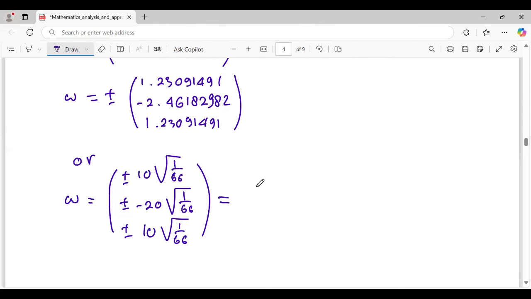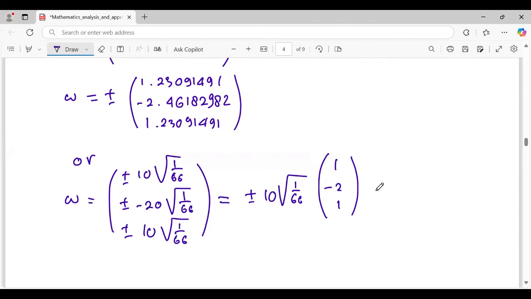Or I would like to simplify like this, plus or minus 10 square root of 1 over 66 times (1, minus 2, 1).